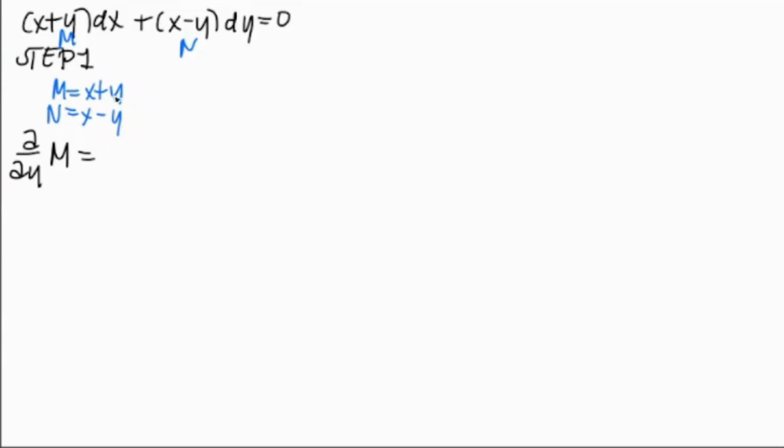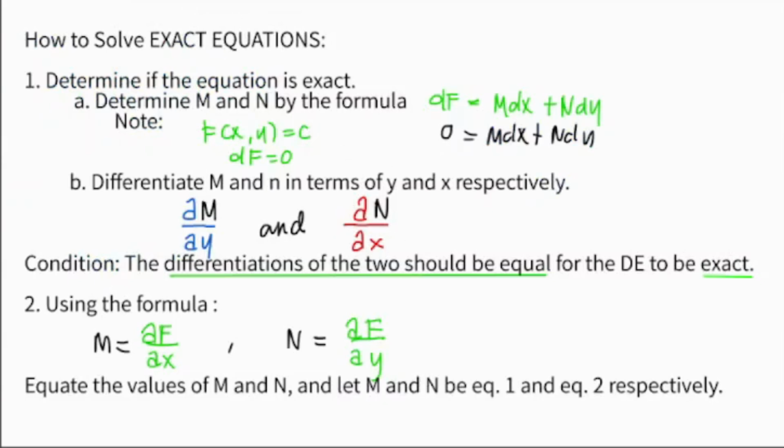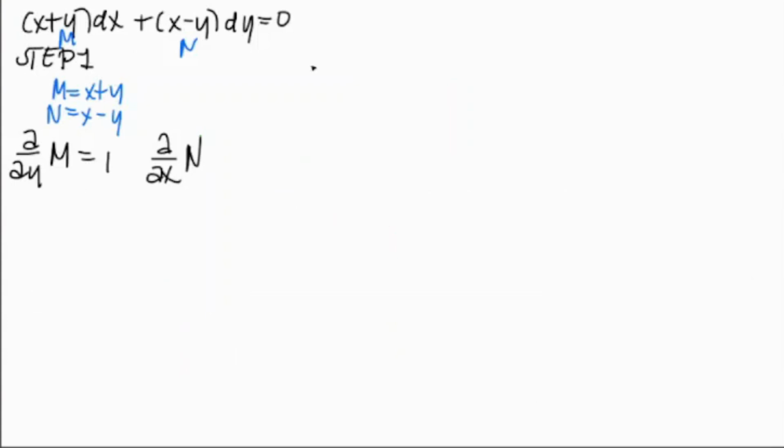So, 0, huwag na natin isulat, plus d over dy, y is just 1. And d over dx naman sa n, since in terms of x tayo mag-differentiate sa n. So, d over dx of x is equal to 1. Minus a constant is 0 lang naman. So, minus 0. So, 1 lang naman siya. So, 1 is equal to 1. Therefore, exact yung equation natin.